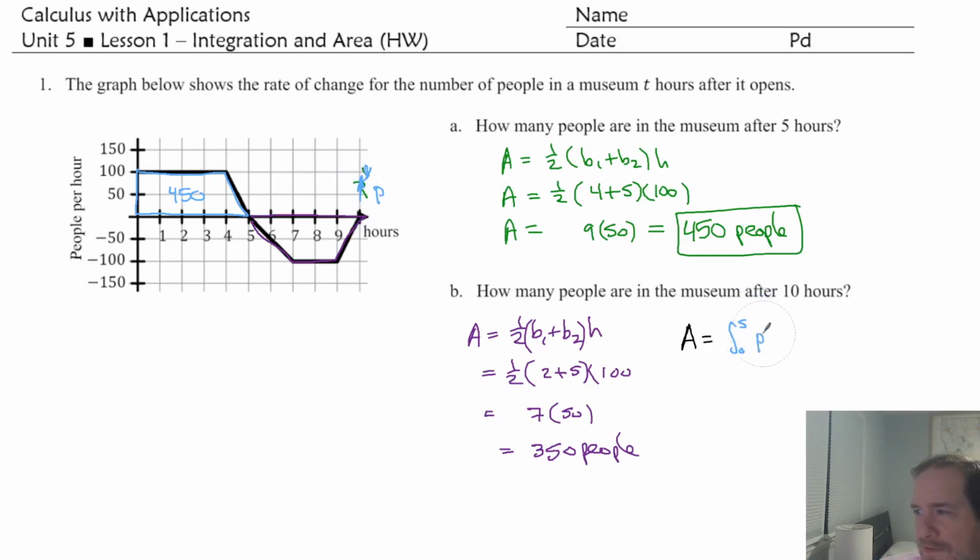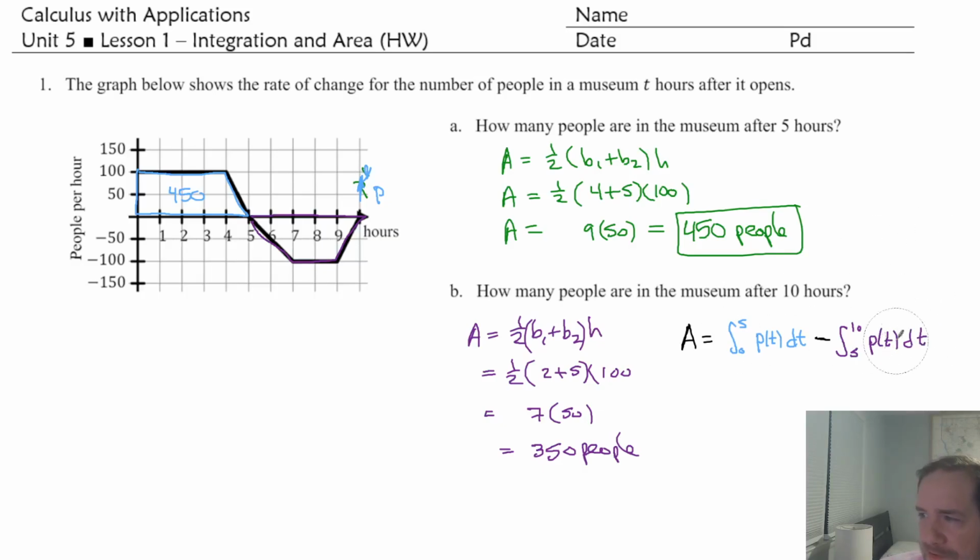But it might be P of t dt. Then we would want to take away from that this negative integral, the one that's below the axis. So that would be the integral from 5 to 10 of P of t dt.